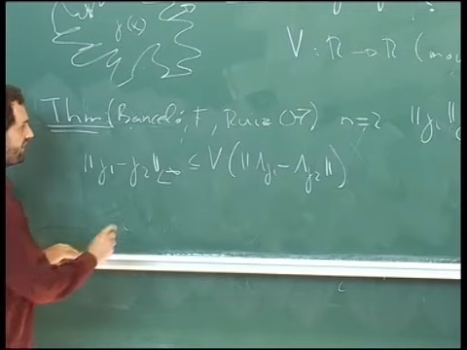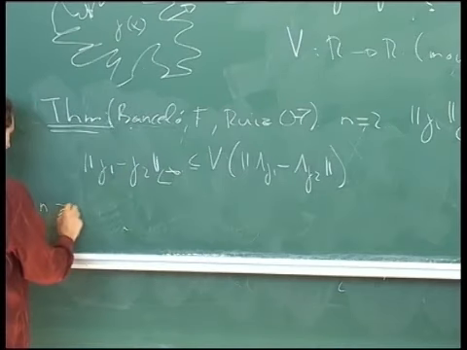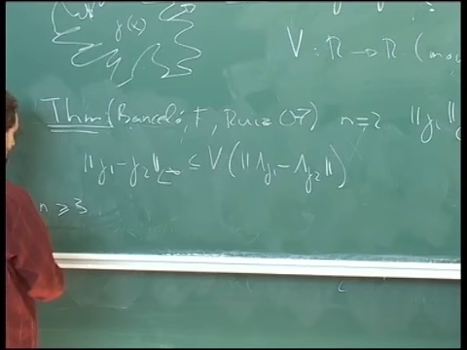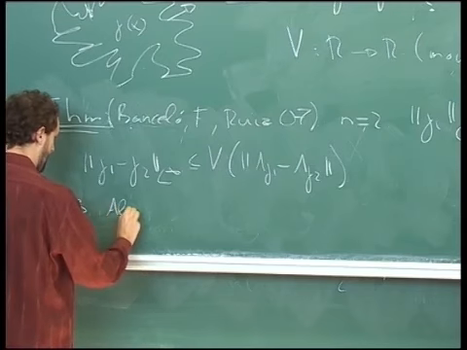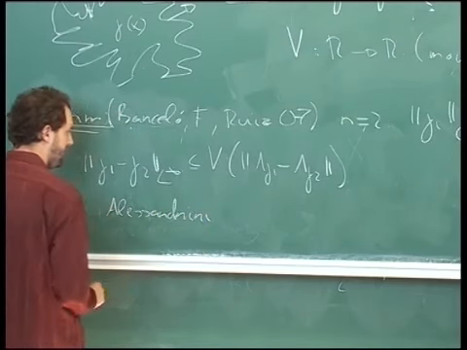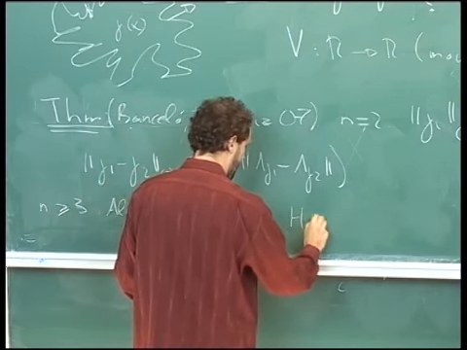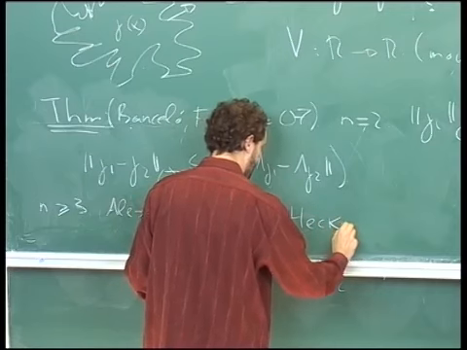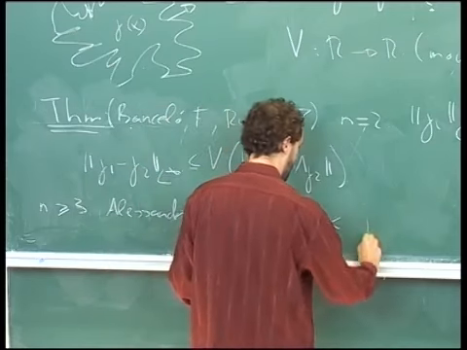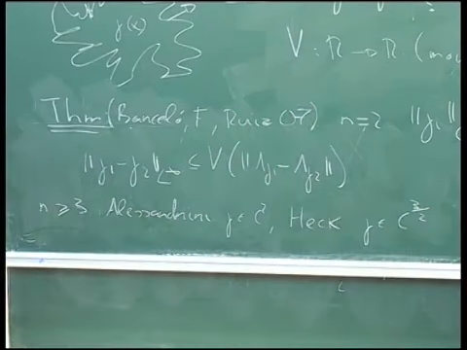And then I have to say this is n equal to 2. Now previously for n greater than 3, this was established by Alessandrini, who started this issue of stability for essentially two derivatives. And as far as I know, the best result is from Heck, who can handle the case of 3/2 derivatives.